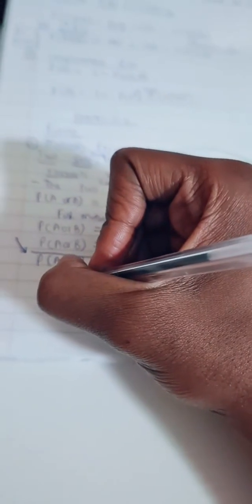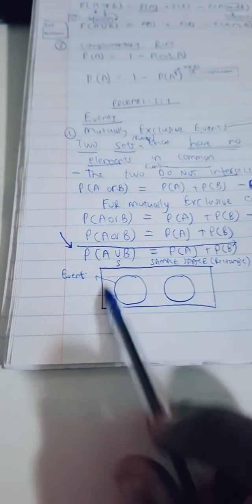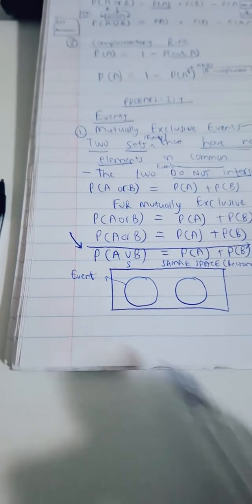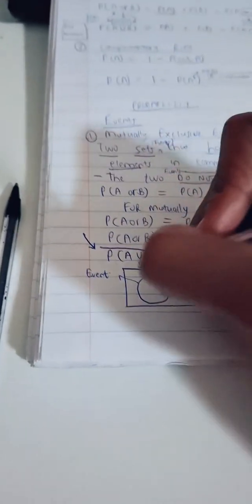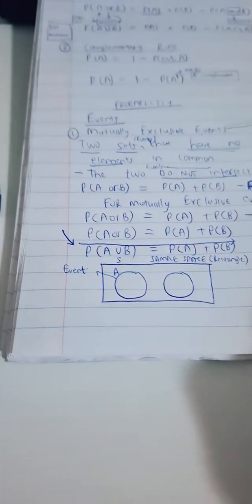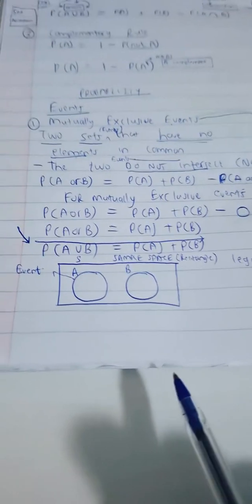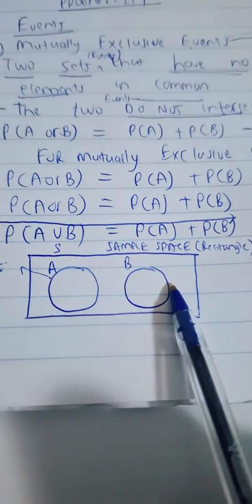Then you have two circles inside the rectangle. Now this circle is what we call a set in set notation, but we refer to it as an event. Since we are dealing with A or B, we are going to say this is event A, the first circle, and then we're going to call this event B, the second circle.